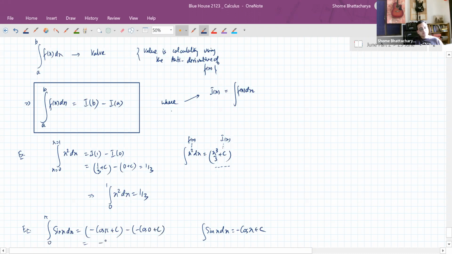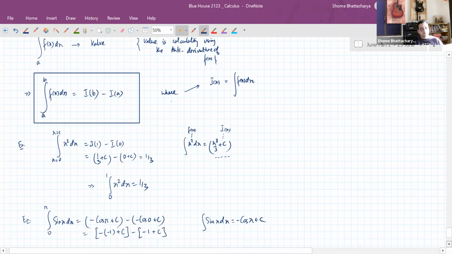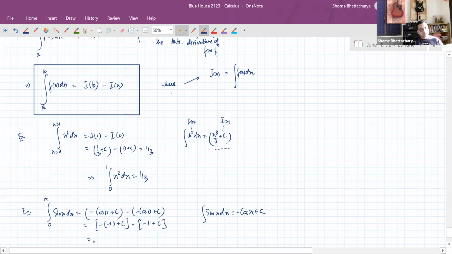So minus times minus 1, minus of minus 1. Interestingly, it gives us the value of 2. So this integral is equal to 2.